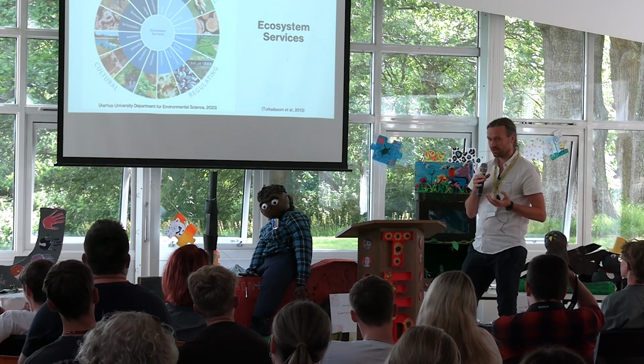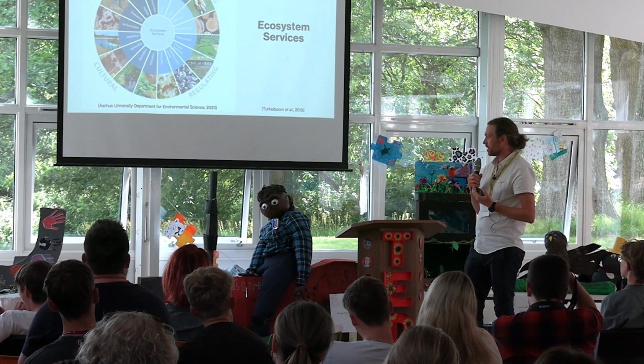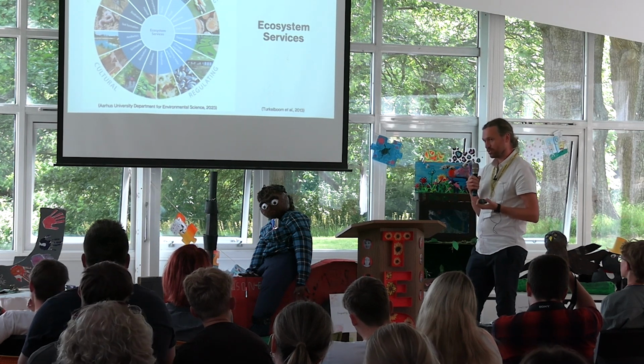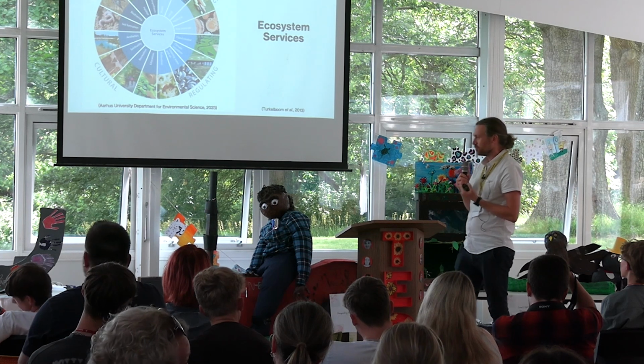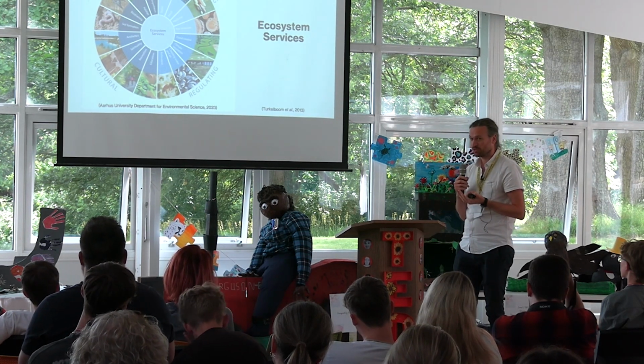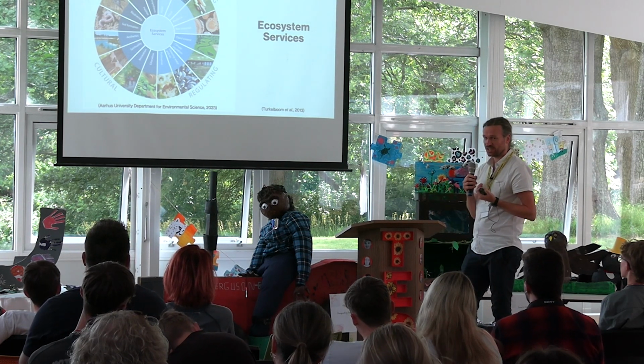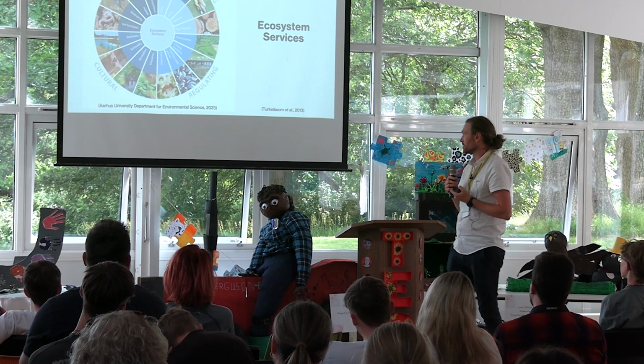These are things that we might not immediately think about, such as what we can get from nature. Whether that's the water we drink or the food we eat, also the defence systems that we might not recognise, such as flood control when there's been heavy rainfall, and also the tools that we can use in education from these ecosystems themselves.